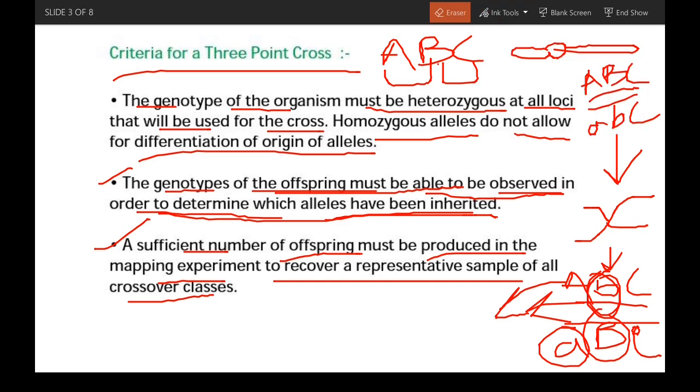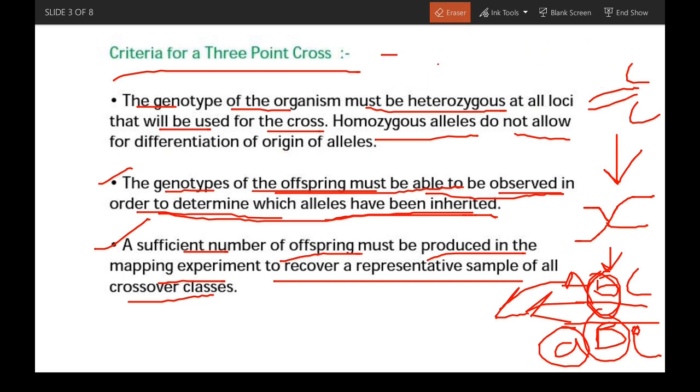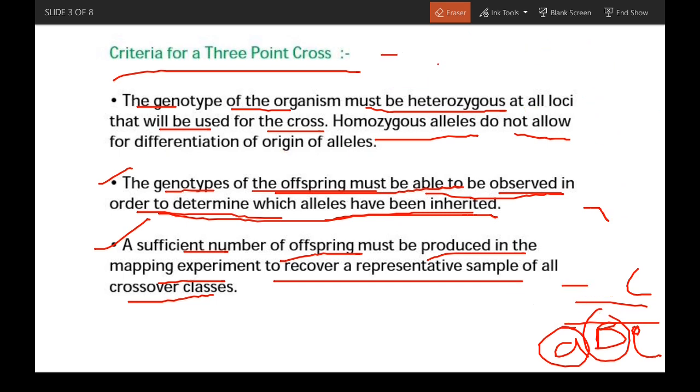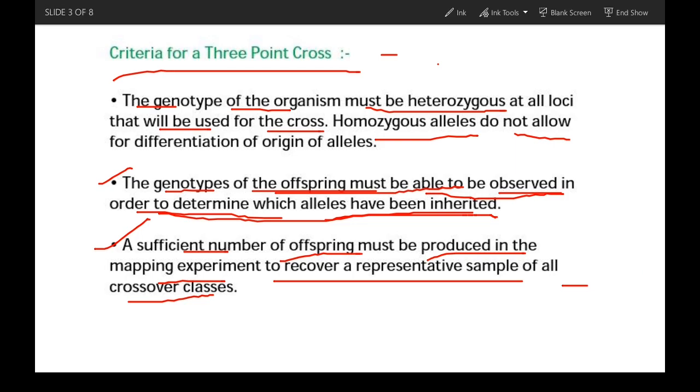For us to find out all the recombinant products, like single recombinant products, double recombinant products, and single recombinants between different genes, we must have produced a sufficient number of offspring, a large number of offspring. The larger the number of offspring, the better the data we will get, right? So that is important.